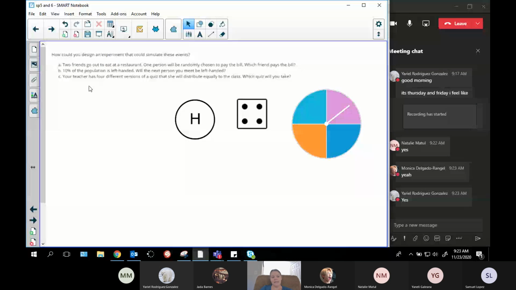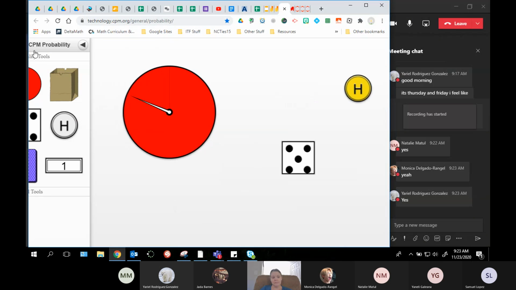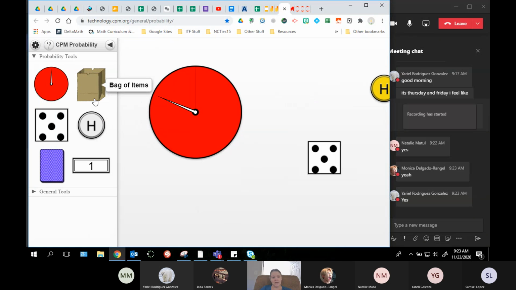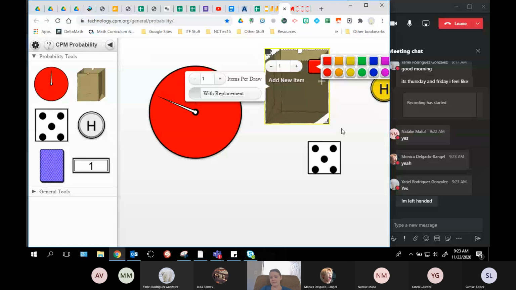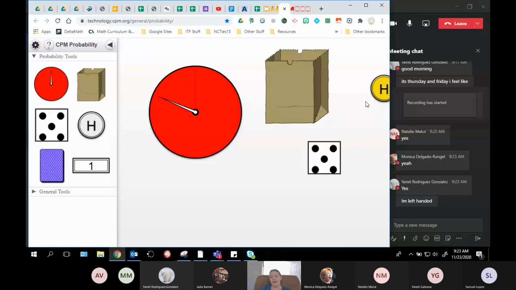Next one is 10% of the population is left-handed. Will the next person you meet be left-handed? So when I think about that one, I might use a bag of items, and I can change what the items look like.